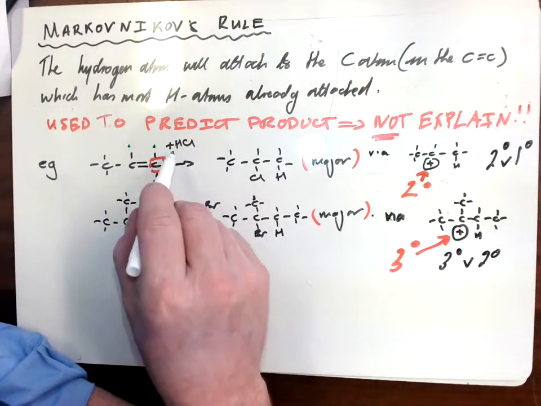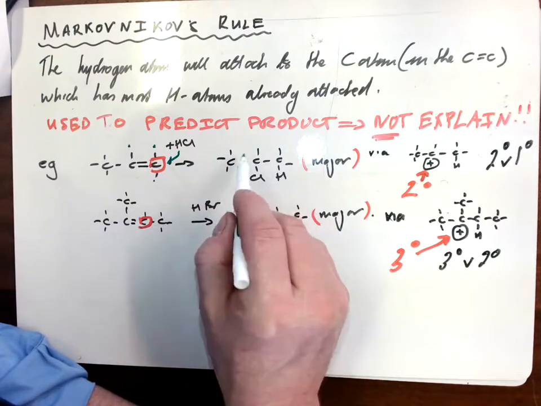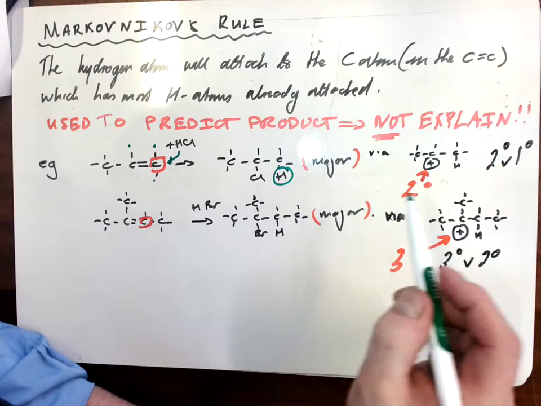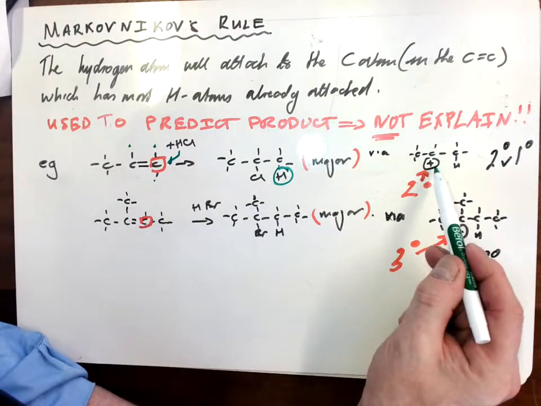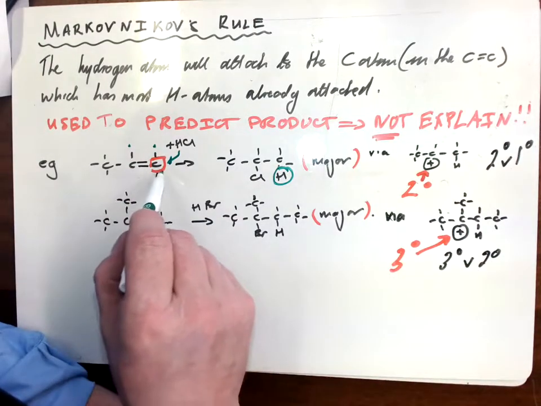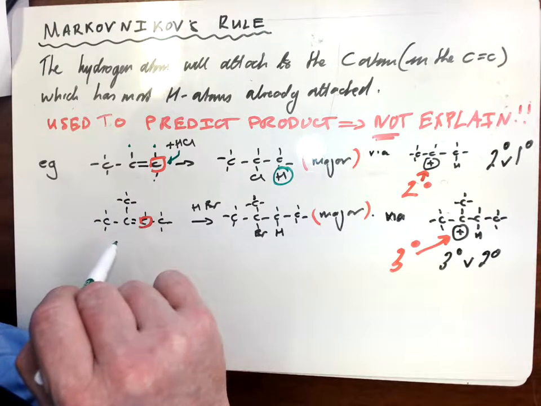So therefore the hydrogen from the HCl would attach to that one, giving us this product here as our major product. And that comes via a secondary carbocation. The alternate carbocation on this would be where this carbon becomes positive, and that would be a primary carbocation.